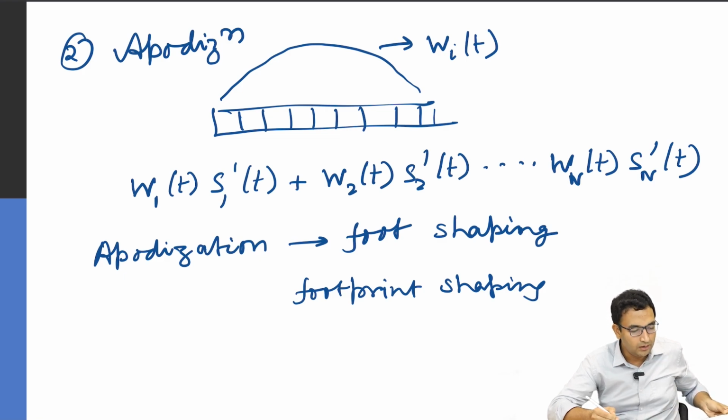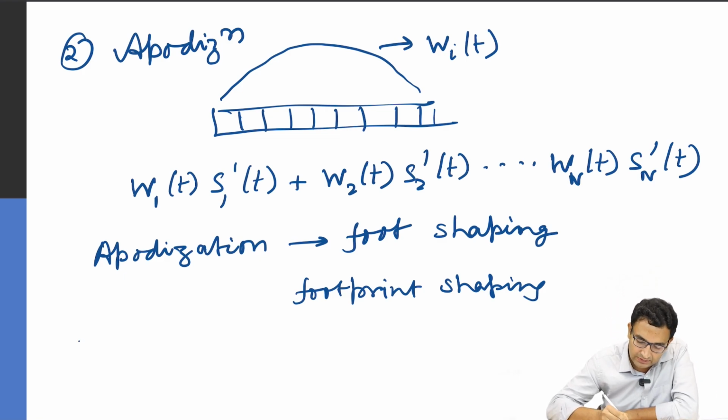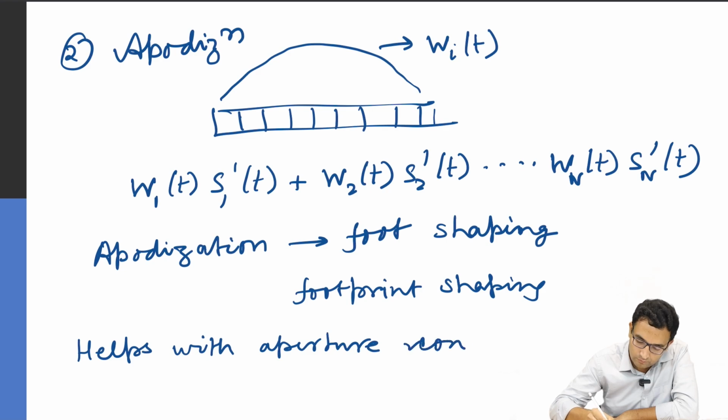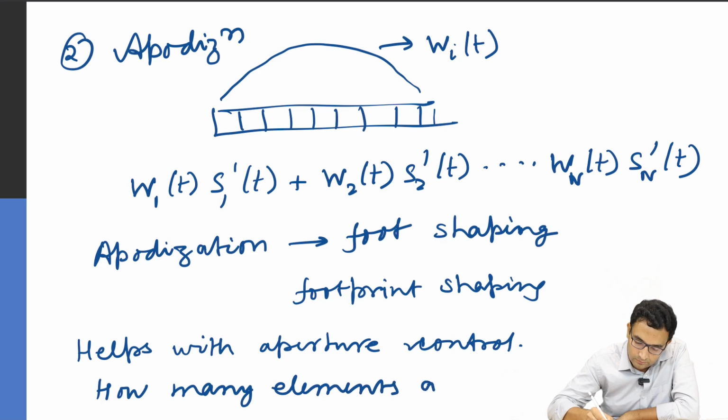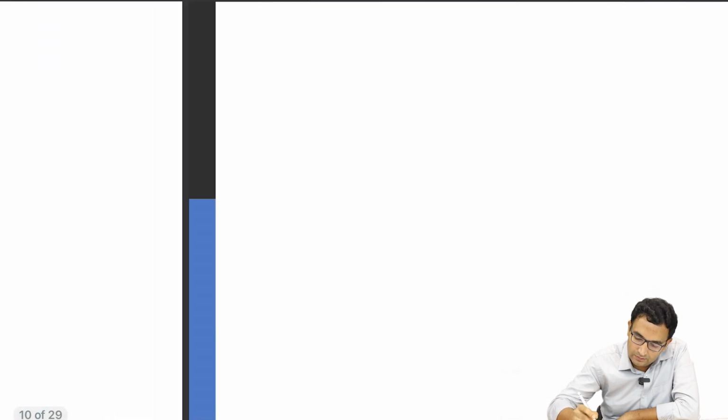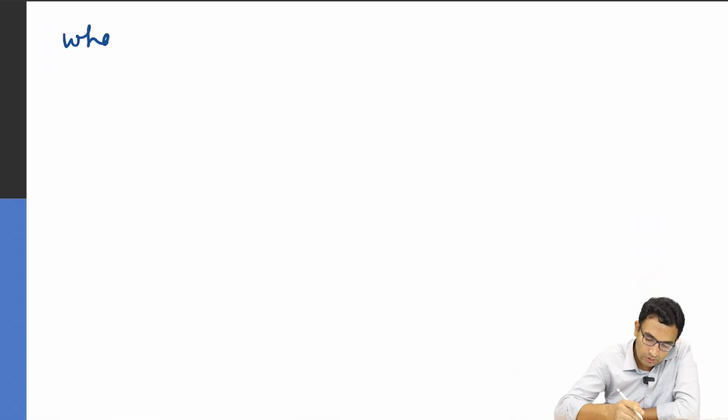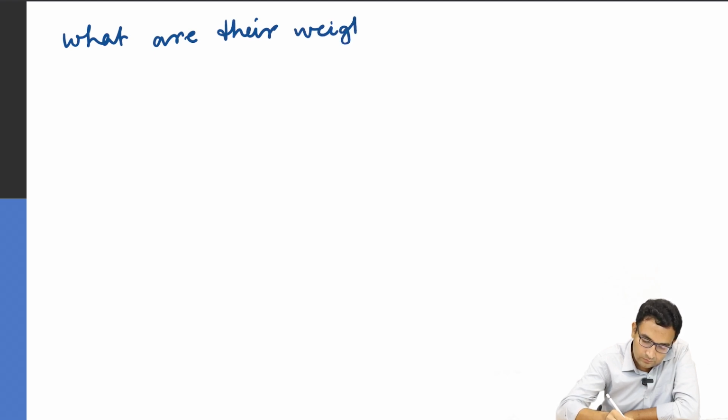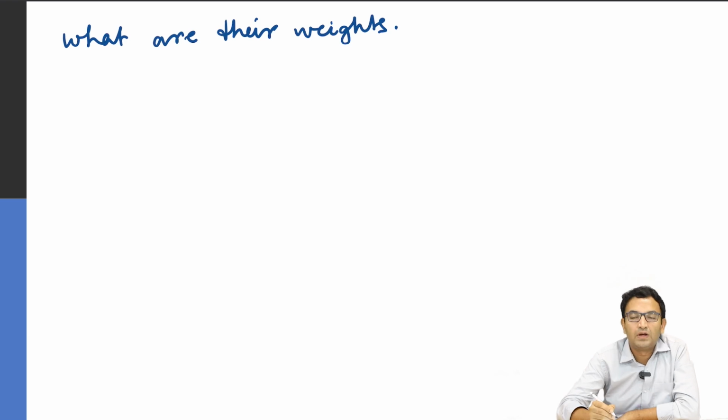And if you recall, what apodization helps with is aperture control. Okay, so it tells you how many elements are chosen and what their weights are.